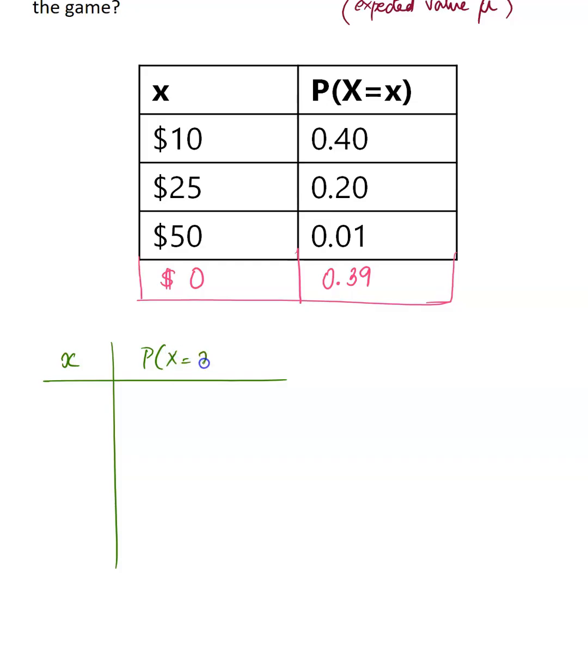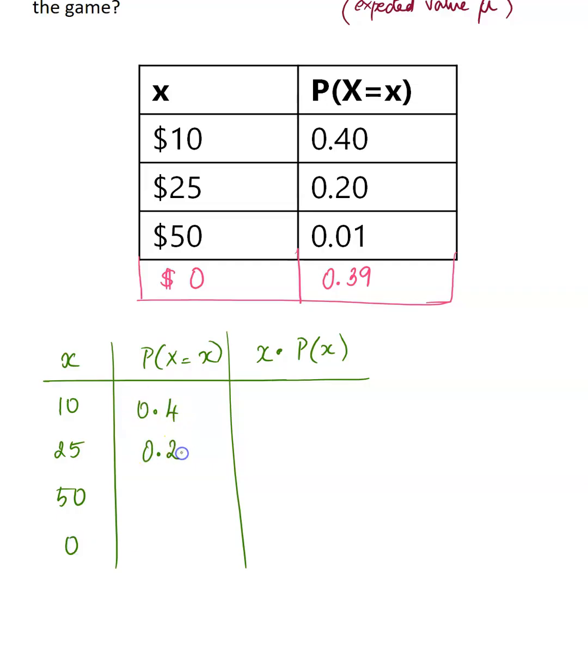So x, P of x equals x, and then we have x times P of x. So 10, 25, 50, and 0, with 0.4, 0.2, 0.01, 0.39. All right, so build your last column by multiplying these two.